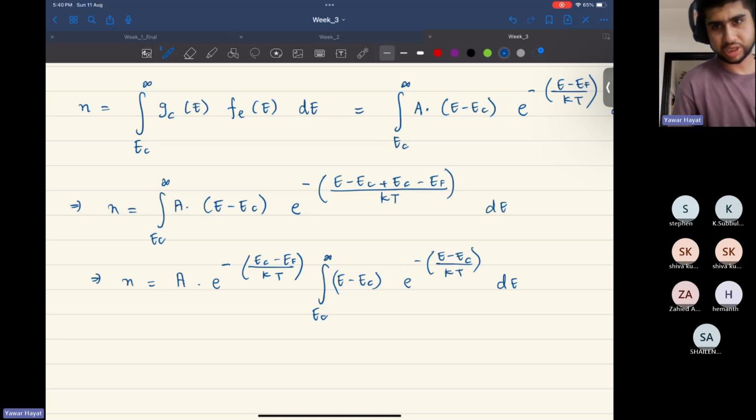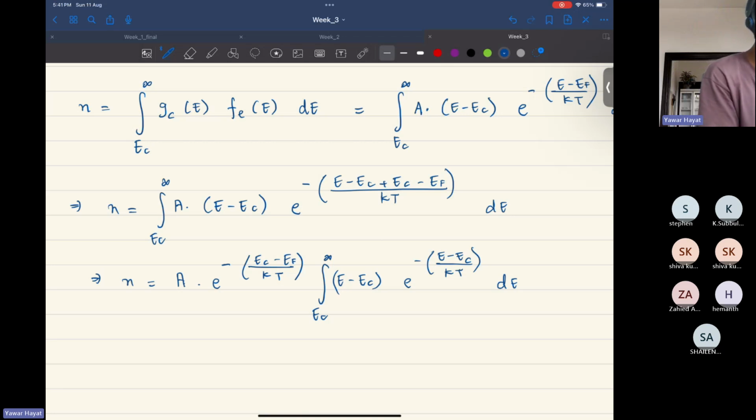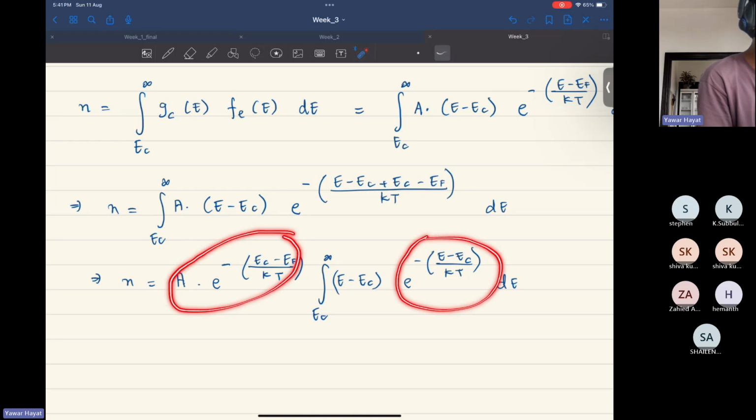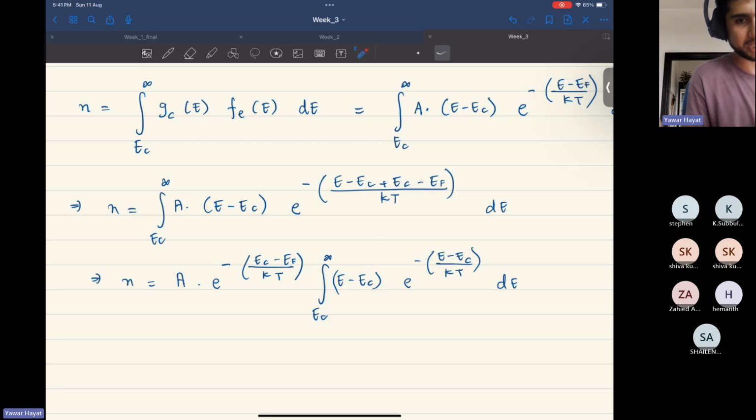Just check it quickly if that adds up or not. Right, simple. I just split the exponential factors into these two, right? And it turns out this exponential factor did not have any E dependence. It only depended upon EC, EF, K, and T. So I just took this out of the integral, right? That is essentially what I did in this step.